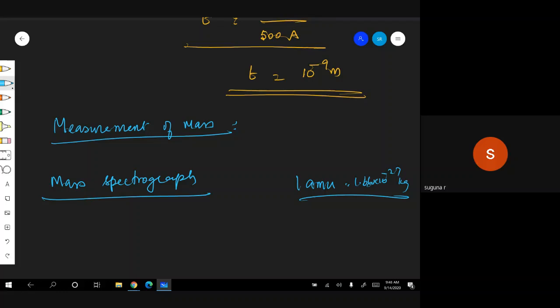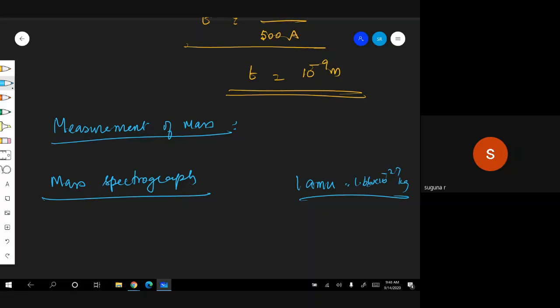Therefore, what is the radius of the circular path taken? That is directly proportional to the mass of the particle. It should be a charged particle, only then it will get deflected by electric and magnetic field. Therefore, a charged particle whose mass is to be found out.